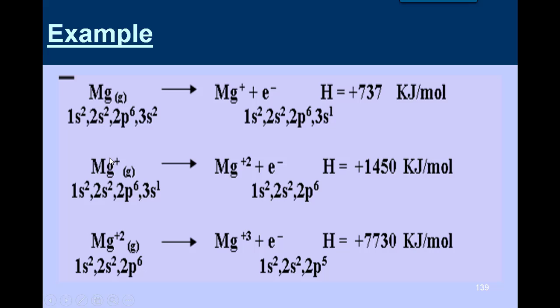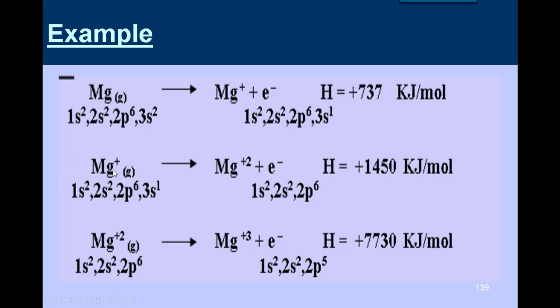Example: if we have magnesium in gaseous state and the electronic configuration as shown under the symbol, if this amount of energy is gained by the magnesium gaseous atom, it will lose an electron and change into a magnesium ion carrying 1 positive charge.